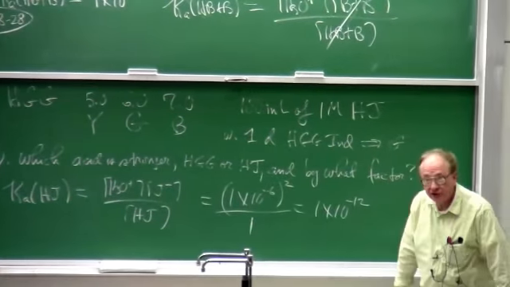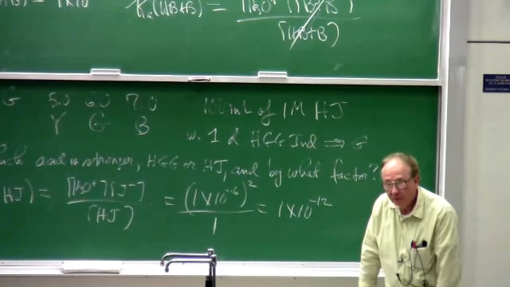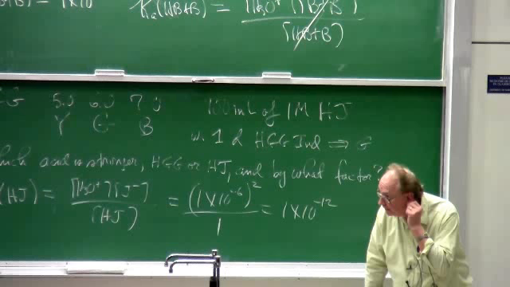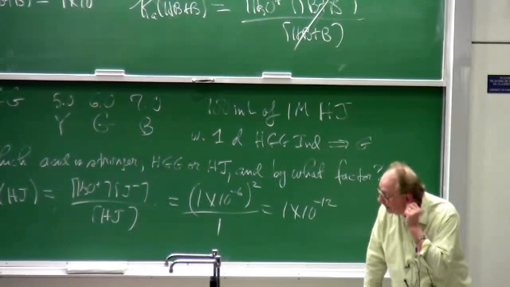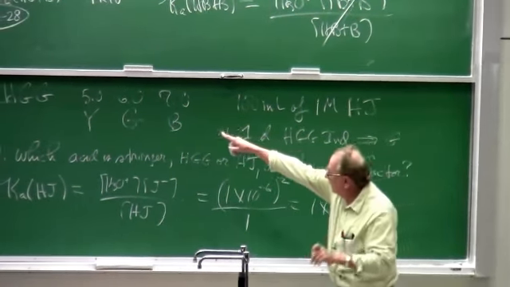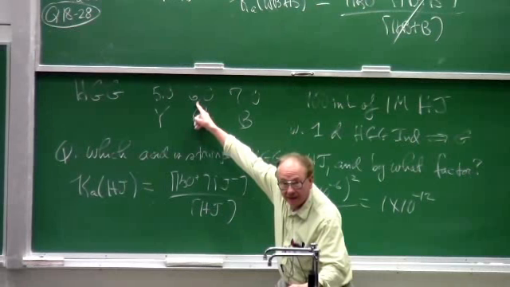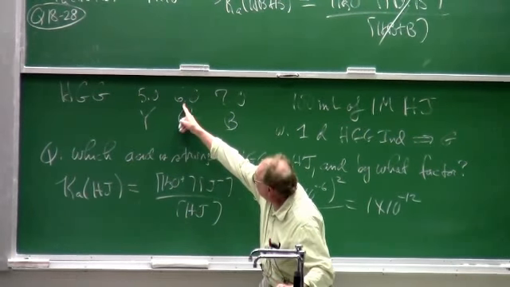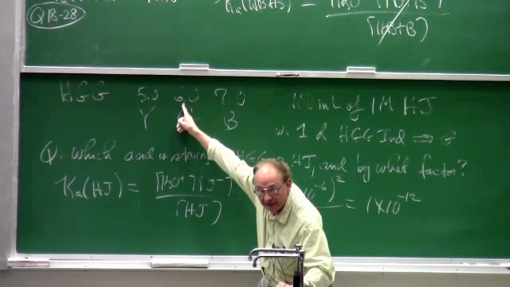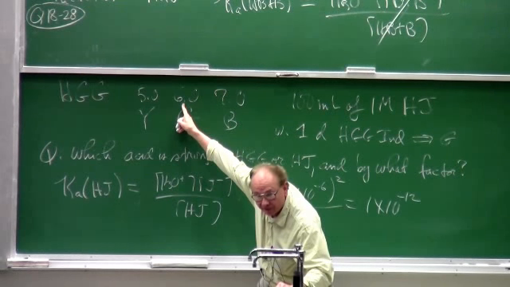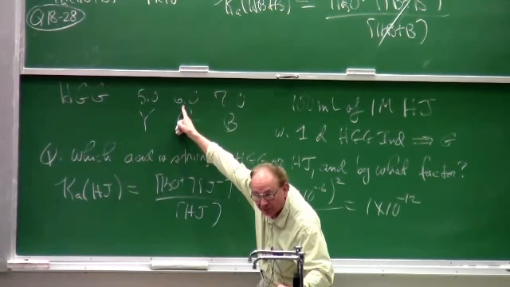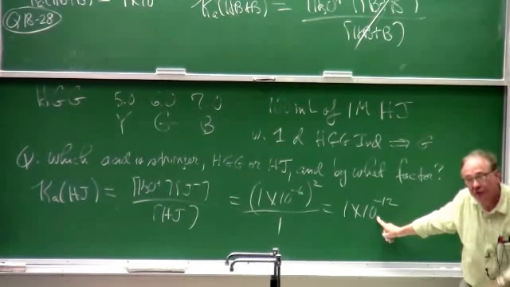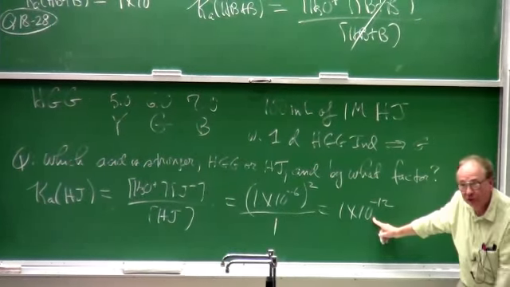There's Ka for HJ. What's Ka for HGG? Hydronium ion molarity at this pH? 1 times 10 to the minus 6. So Ka of HGG is 1 times 10 to the minus 6, which is 1,000,000 times bigger than this. That's why I told you folks who didn't participate that you owe me 1,000,000 points.